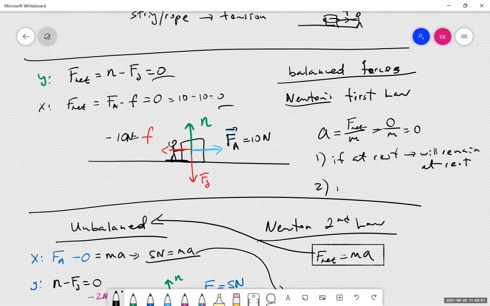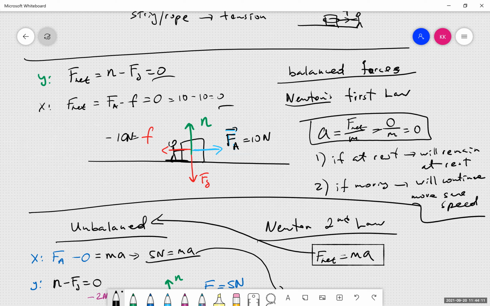Condition 2: if moving, it will continue to move at the same speed. That means it's not going to speed up or slow down, because there's no acceleration. And remember, acceleration is what makes you speed up or slow down.